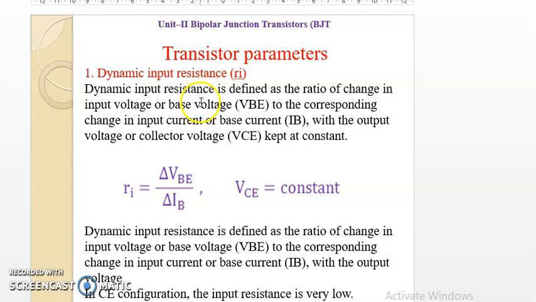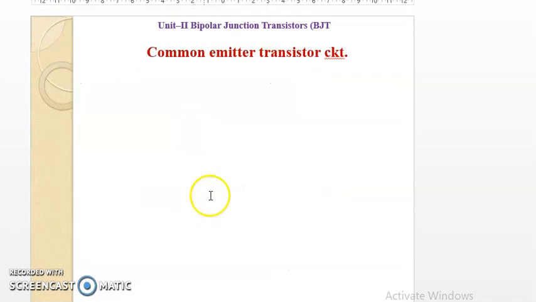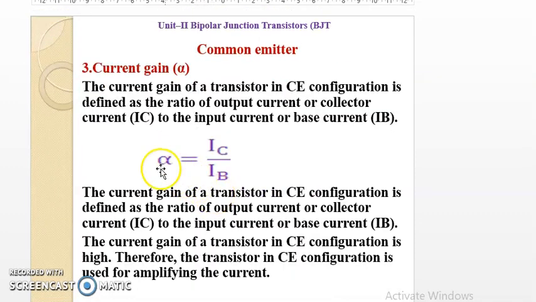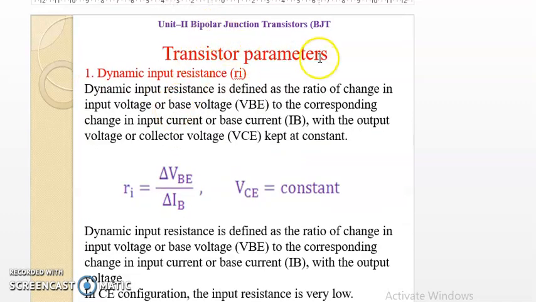This is current gain also. It is denoted by alpha. The remaining parameters of a transistor we shall discuss in the next lecture in detail.